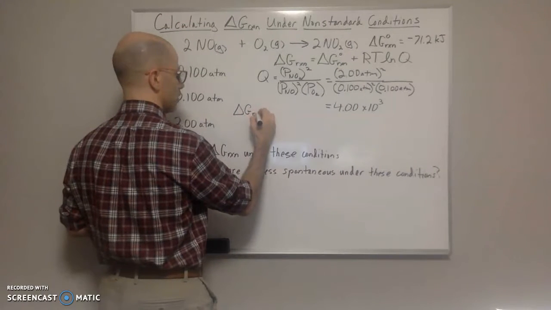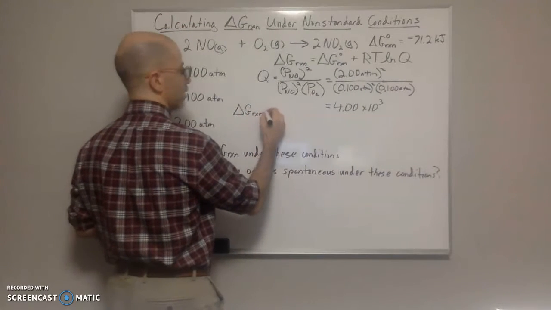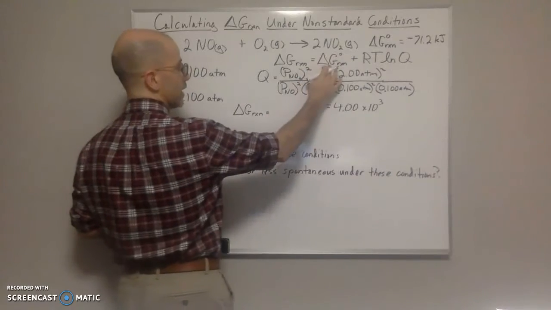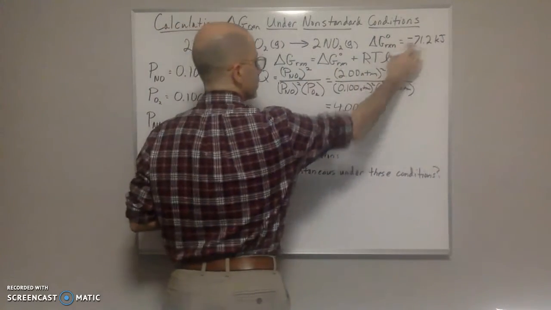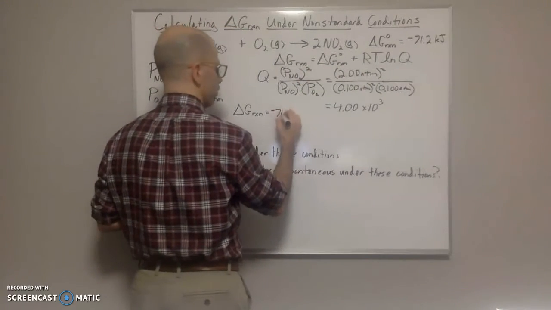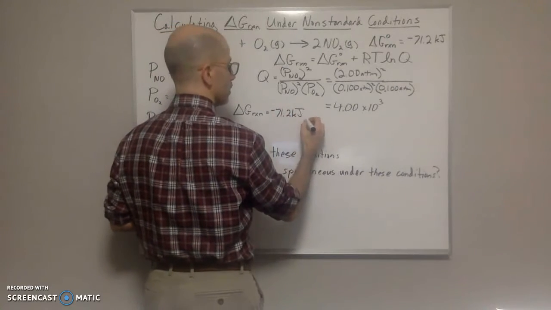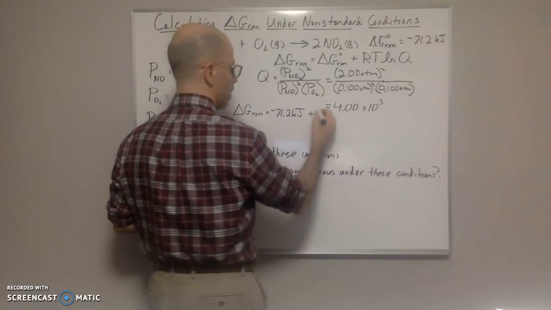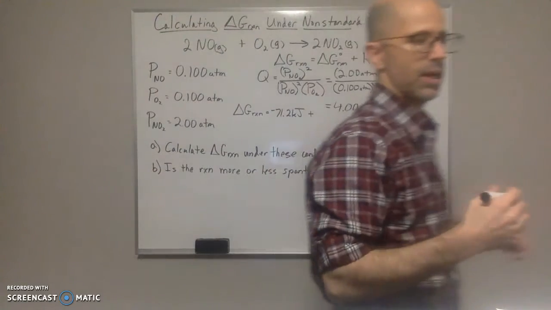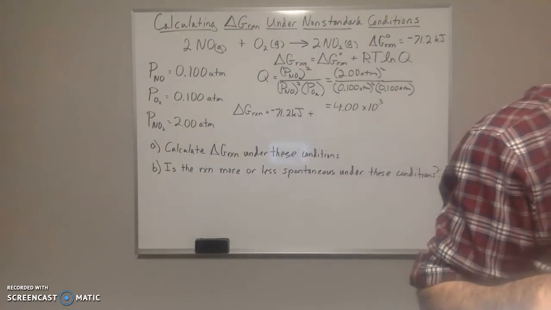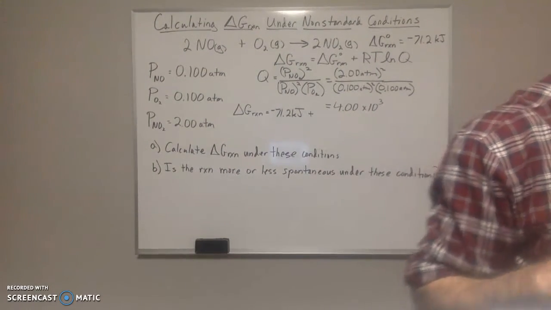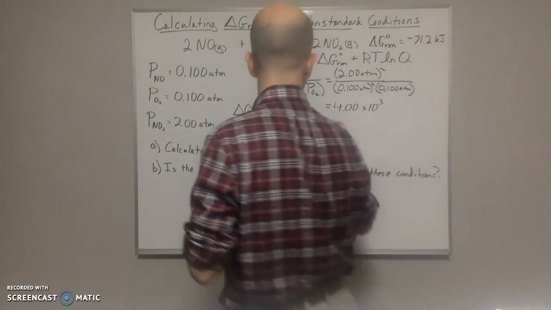The delta G of the reaction is equal to the standard delta G, which is negative 71.2 kilojoules, plus R, which is the ideal gas law constant, and we're going to be using 8.314.